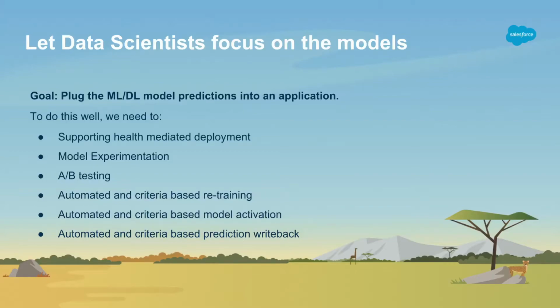Say we want to choose 10 different values for a hyperparameter. We can see which one performs the best, and then push that into production. We also want to automate and have criteria-based rollout of retraining, of model activation, and don't write the predictions back if the predictions don't have a very high accuracy.